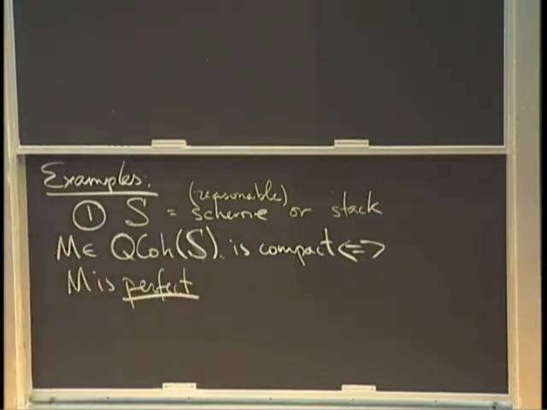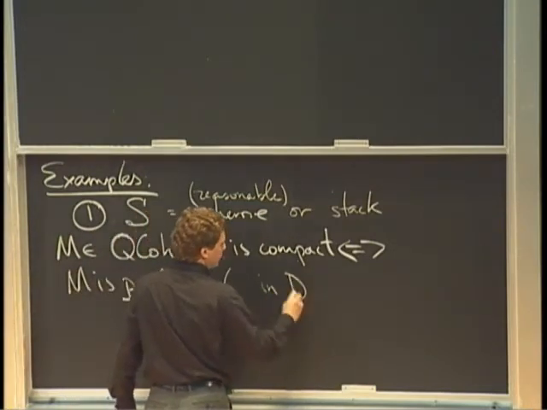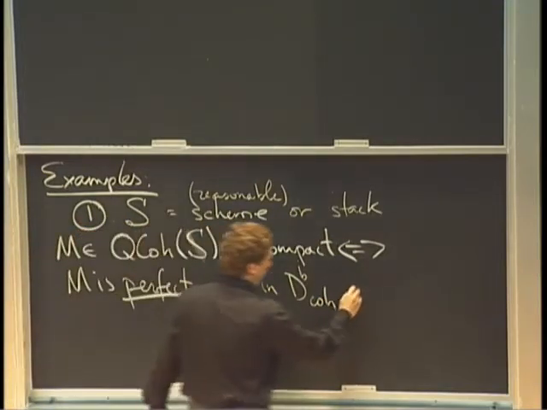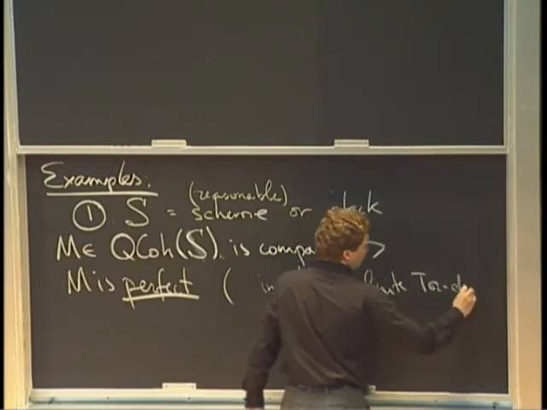In other words, it's a bounded coherent complex, so it has bounded cohomology, they are all coherent, and moreover, it has finite Tor dimension. So formally, it's in D^b Coh and has finite Tor dimension.